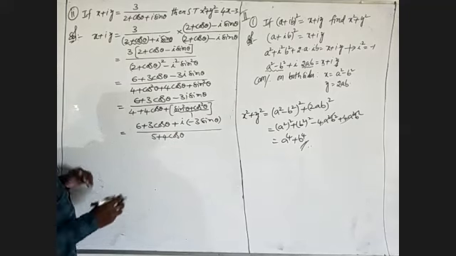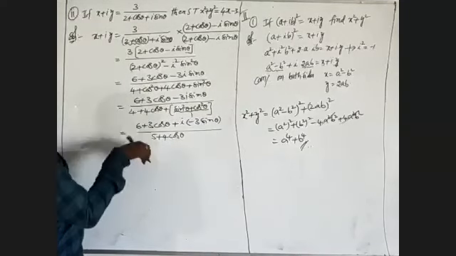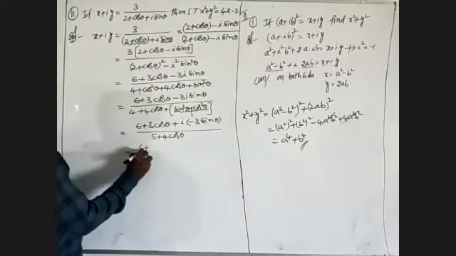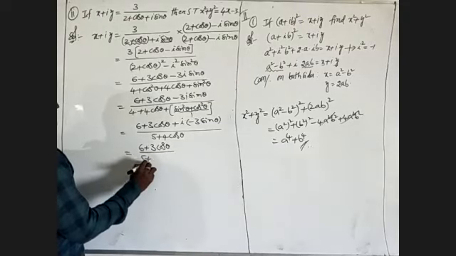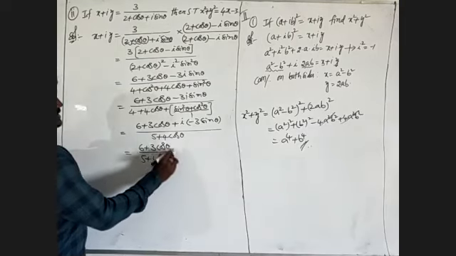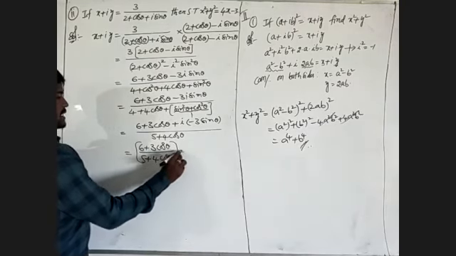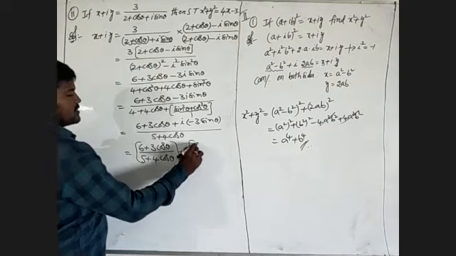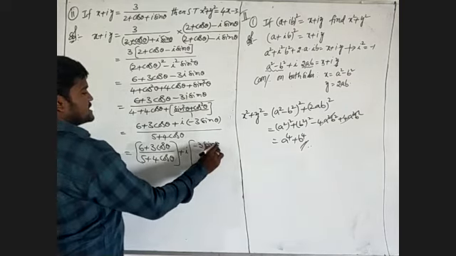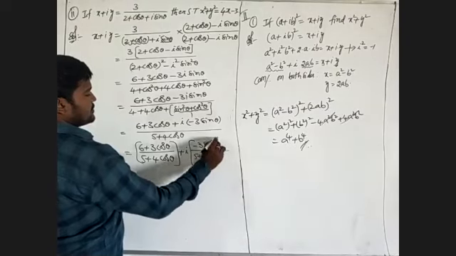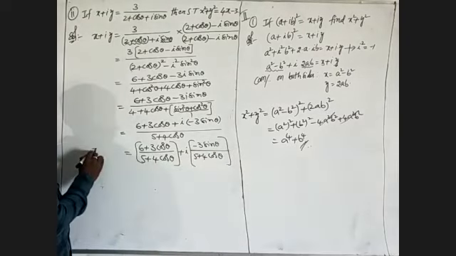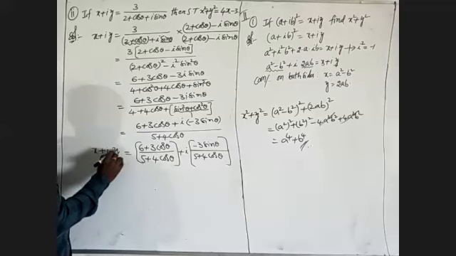That means we have to separate the real and imaginary parts: 6 plus 3 cos theta by 5 plus 4 cos theta plus i into minus 3 sin theta by 5 plus 4 cos theta. This is the value of x plus iy.